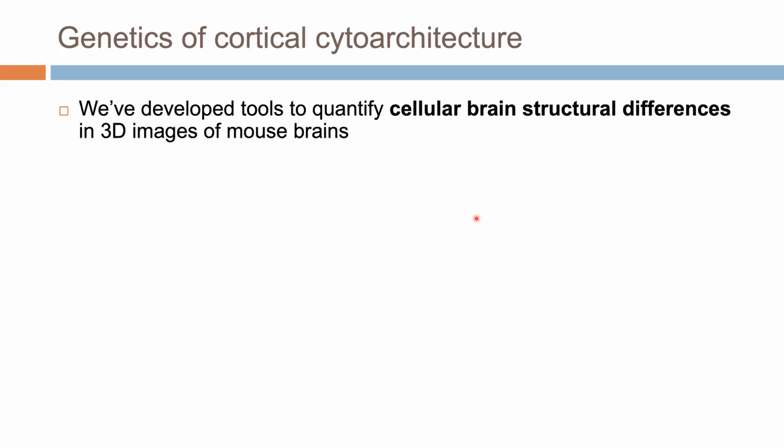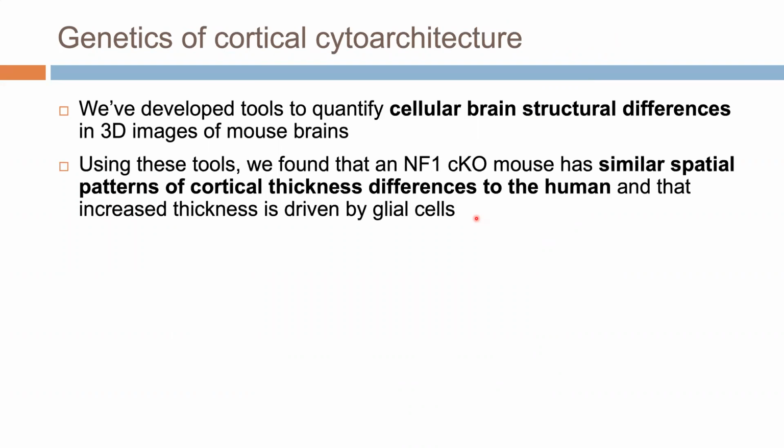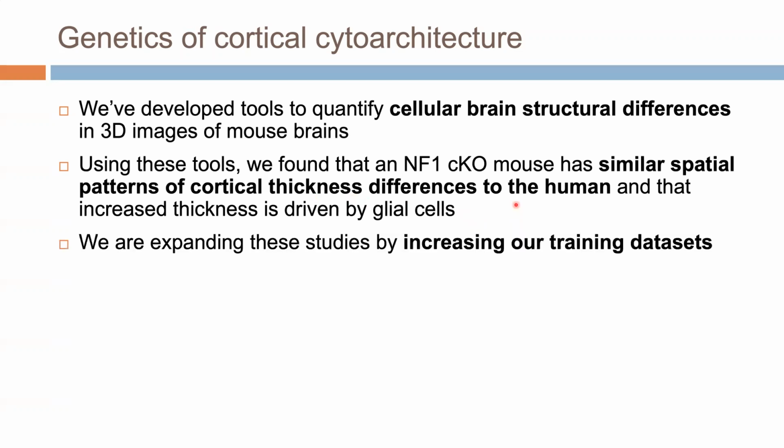Okay, so overall, we've developed tools to quantify cellular brain structural differences in 3D images of mouse brains. Using these tools, we found that an NF1 conditional knockout mouse had similar spatial patterns of cortical thickness differences to the human, and that increased thickness is driven by glial cells.